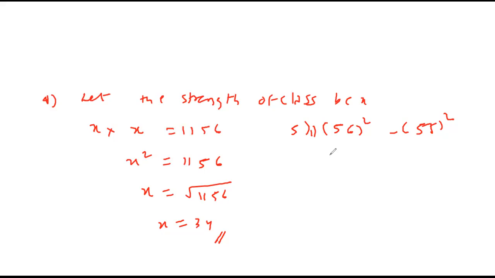Sir, 107. Yes, it was 56 square minus 55 square. What is the answer? 107. How did you do that? Sir, a square minus b square is equal to a square plus b square. Correct. So that is a square minus b square equals a plus b into a minus b.